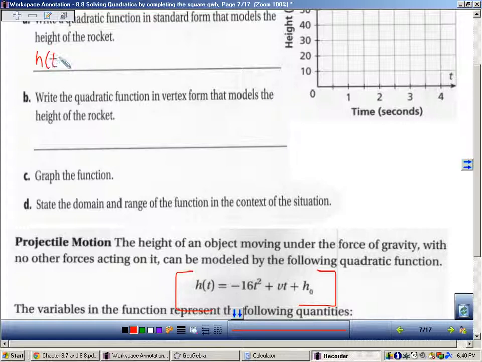The height of the rocket at a given time is equal to negative 16 t squared. The first term represents the acceleration of the rocket due to gravity. So that's negative 16 feet per second squared. That means it's falling at 16 feet per second and accelerating at 16 feet per second every second.